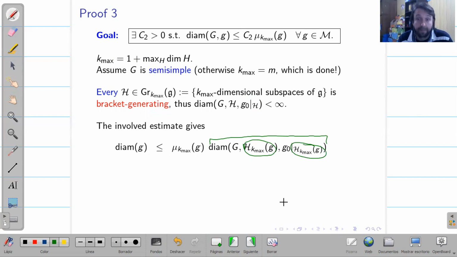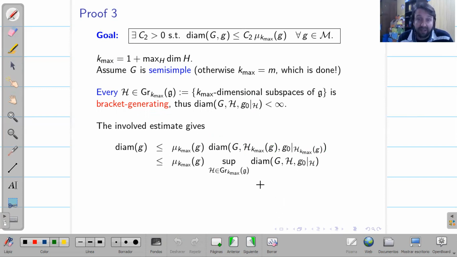Well, but this is less than or equal to the supremum over every Kmax dimensional subspace of G. And this does not depend anymore on G, because you are taking the supremum over every subspace here.